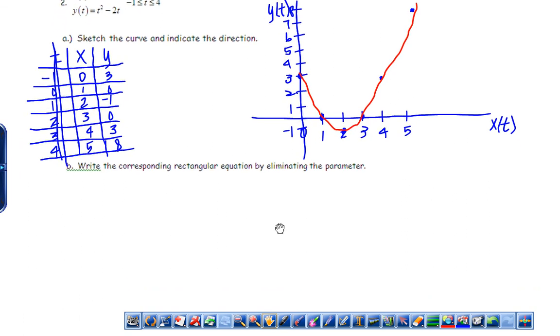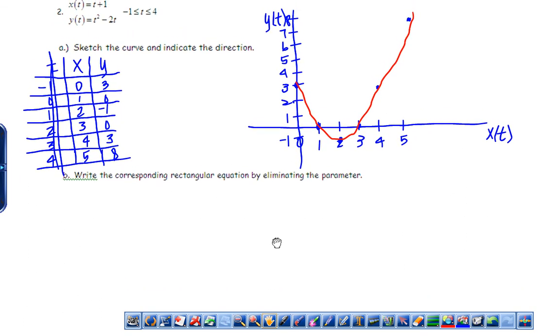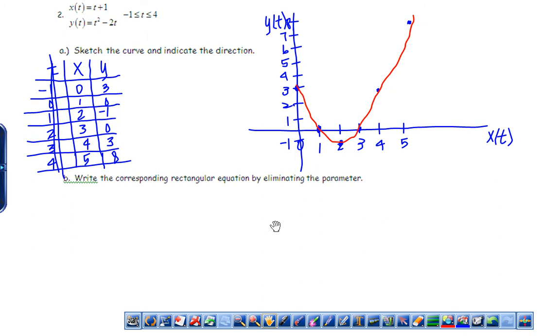It says write the corresponding rectangular equation by eliminating the parameter. Okay, so how you do this is I'm going to take both equations from above. So my x equation is x equals t plus 1, and my y equation is y equals t squared minus 2t.